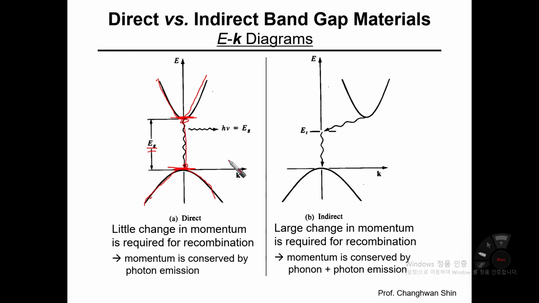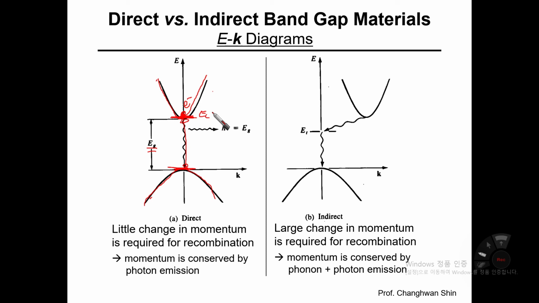Suppose that there is an electron available. Because this is the minimum energy level, all the electrons would prefer to sit on this energy state. In other words, the probability of finding electrons in the conduction band would be the highest near the conduction band edge.